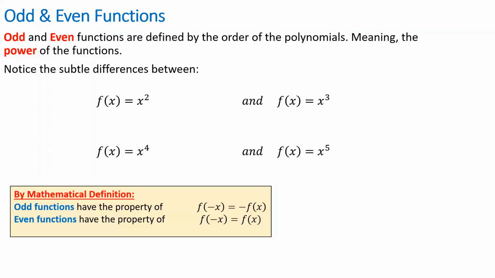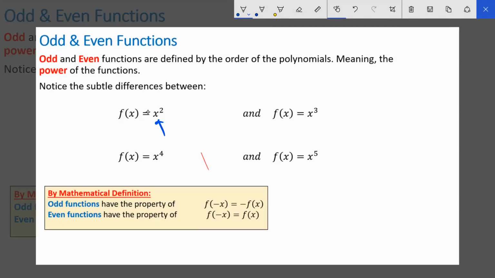If your image, the result, comes out as the negative of your original function, which is a reflection of your original function, it is an odd function. Whereas if you sub in a negative value and it is still the same function as it was before, then that's even.